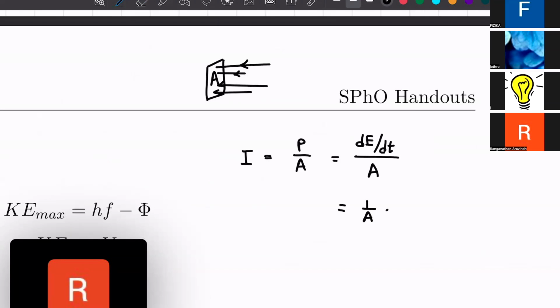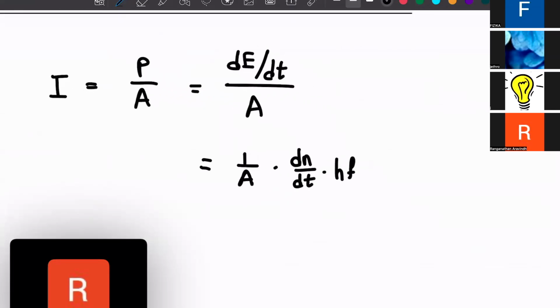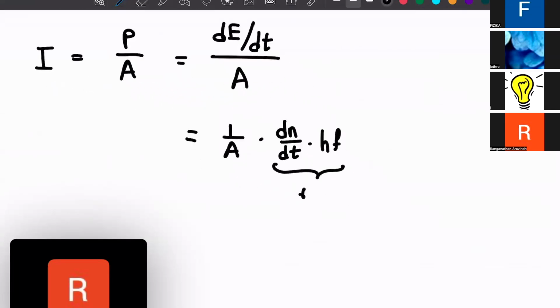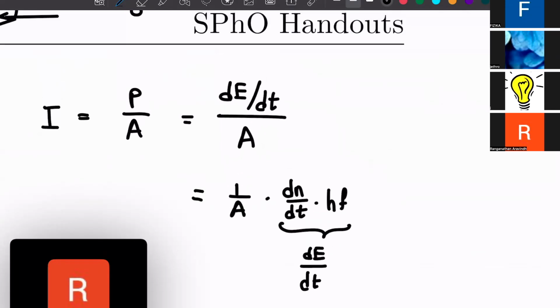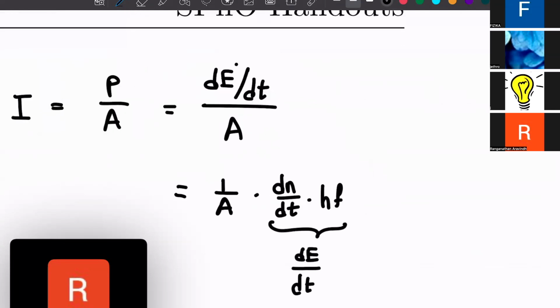Essentially, it's just the number of photons that hits this plate times the amount of energy that each photon carries, which is hf. I hope this makes sense, because this dE/dt is the total energy that hits the plate per unit time, which equals the number of particles times the energy that each particle carries.